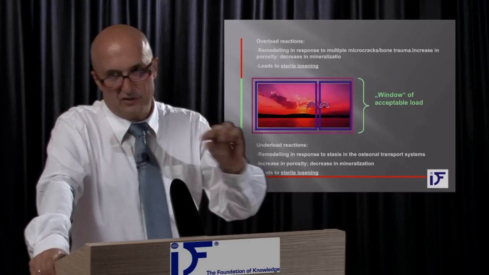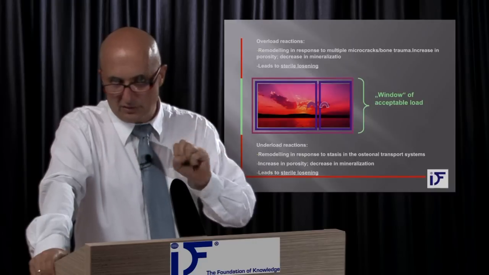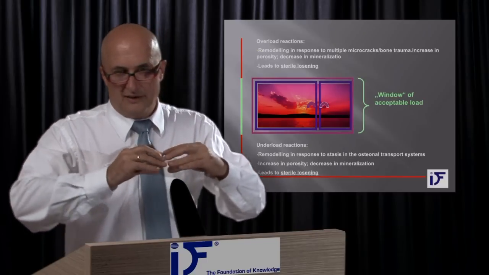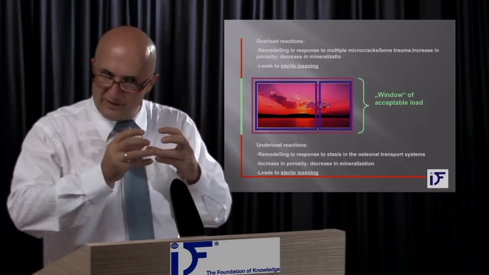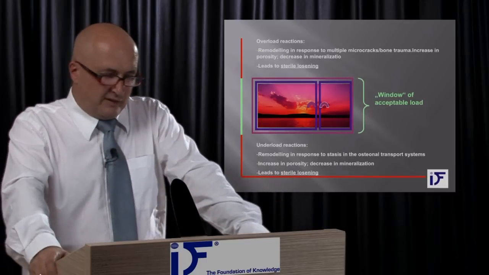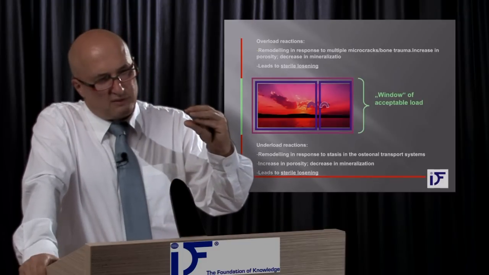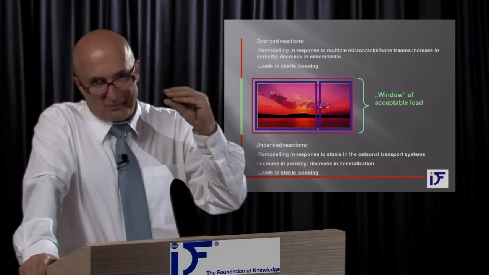So inside the Haversian canal, the blood is not transported by our beating heart, but it needs to be supported by flexion. So the bone has to flex a little bit. And in order to come to this flexion, of course, our osteons, the Haversian canals, need to have a specific size.